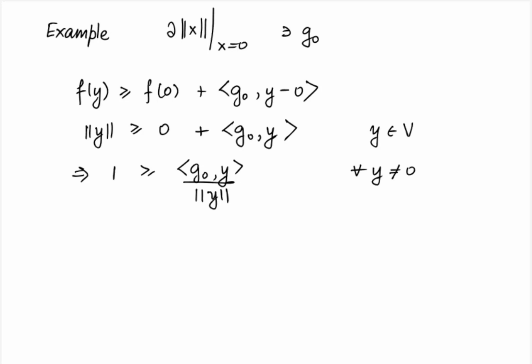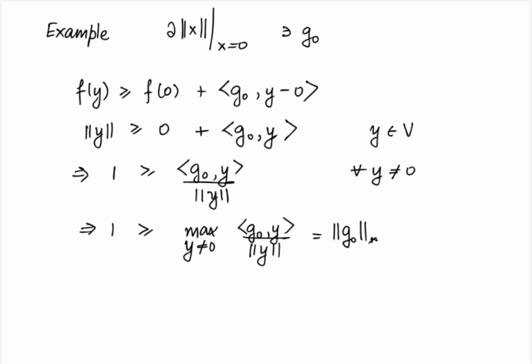Now we can tighten this inequality by maximizing the right hand side with respect to y not equal to 0, so as to obtain that 1 is greater than or equal to the max over y not equal to 0 of the inner product g_0 comma y divided by norm of y. Now if you recall the definition of the dual norm, you can see that the right hand side is exactly the dual norm of g_0.